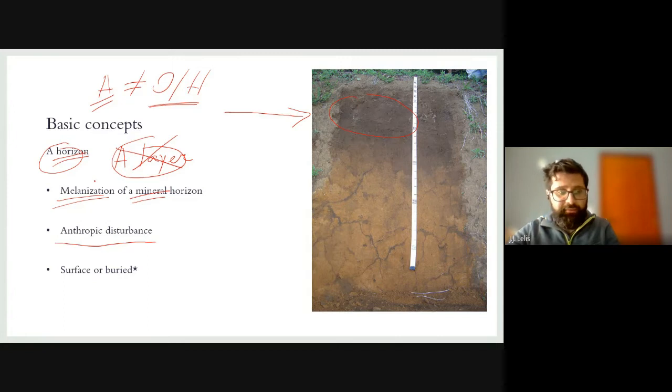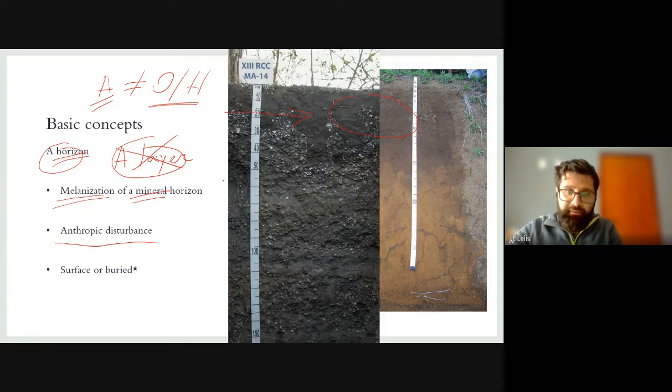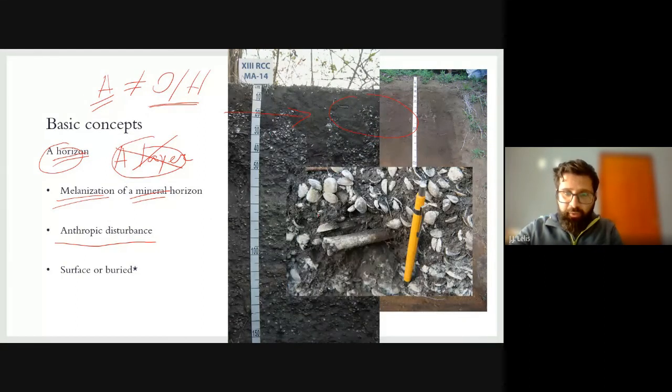Something like this. This is a soil that's very common in Brazil. And in this picture, we can see a human bone and these shales. All of this was produced by men. It's an ancient soil produced in the past, but produced by men. So this is an A horizon.